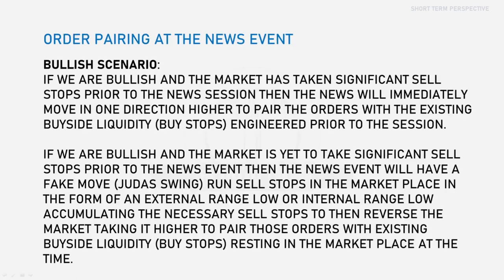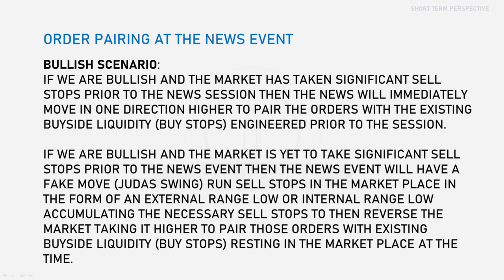So in a bullish scenario, if we are bullish and the market has taken significant sell stops prior to that news session, then the news will immediately move in one direction higher to pair the orders with the existing buy side liquidity, those buy stops, right, engineered prior to the session. And if we are bullish and the market is yet to take significant sell stops prior to that news event, then the news event will have a fake move.